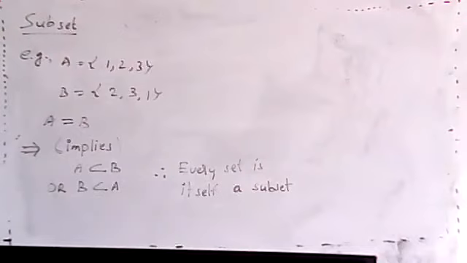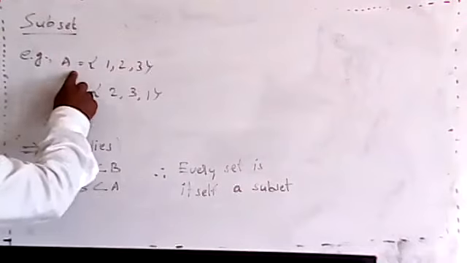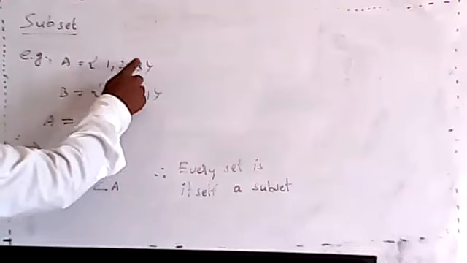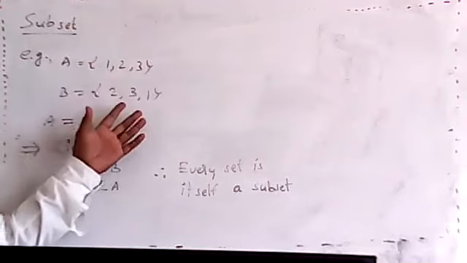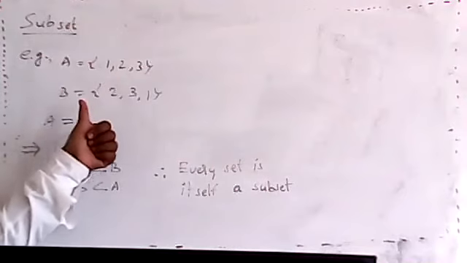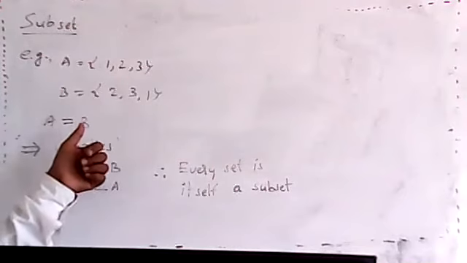And if you go on see in the set A, 1 is there, 2 is there, 3 is there, and nothing is also there. Nothing means empty is also there along with 1, 2, 3. These three elements are there. Along with that, something is there. What is that? Nothing.